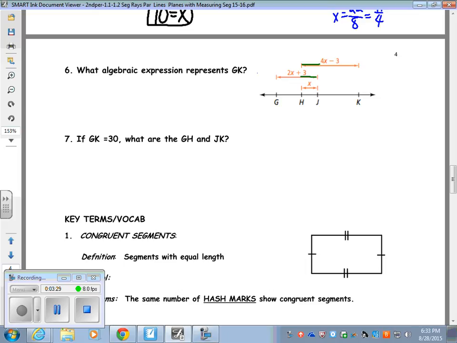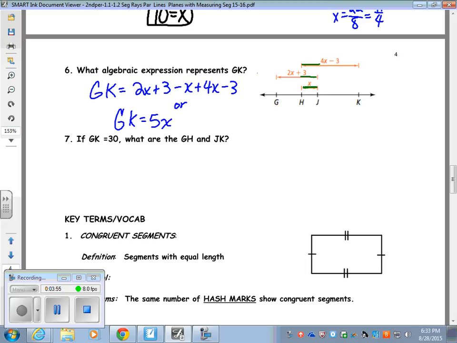This is overlapping in both, so I'm going to have to take that X part out of both segments. So GK is going to be 2x plus 3, but then I'm going to take away that x, then add the 4x minus 3. Or I could just simplify and see that GK is 5x.